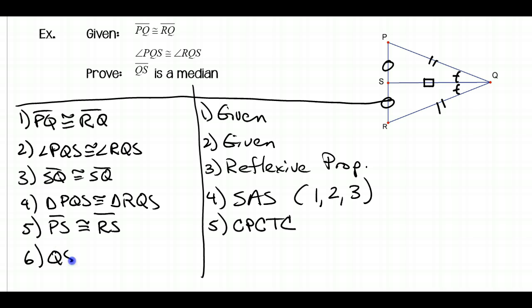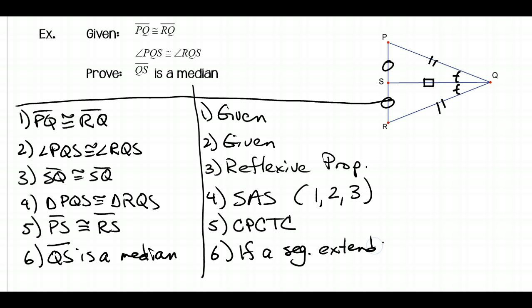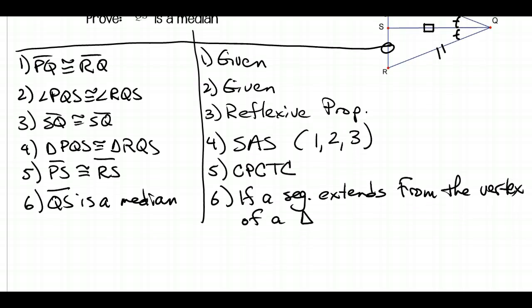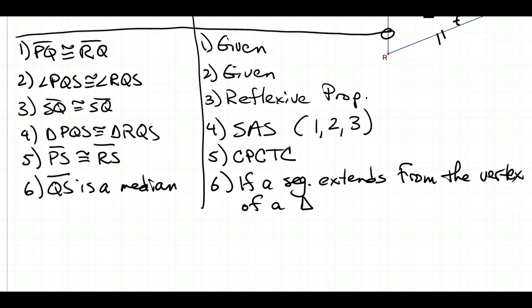So QS is a median if a segment extends from the vertex of a triangle. Now, I'm going to write sort of an alternate version.